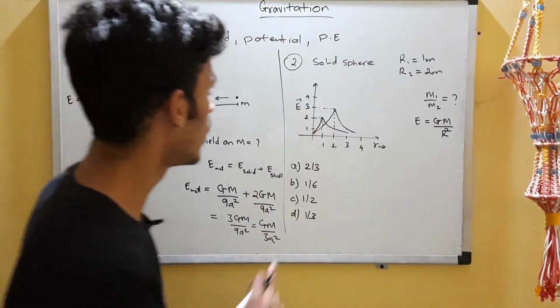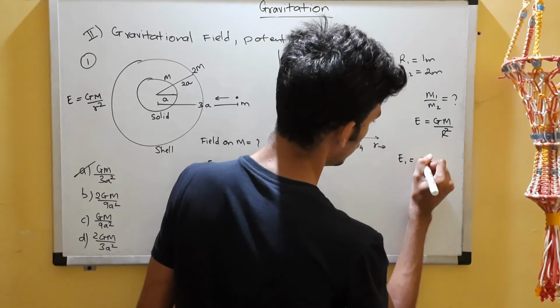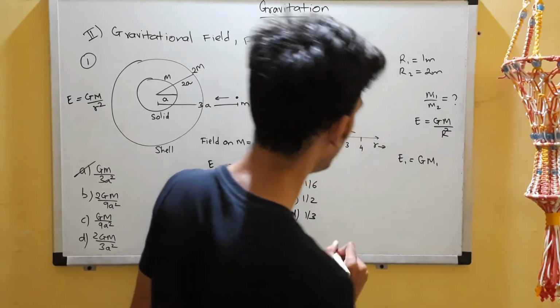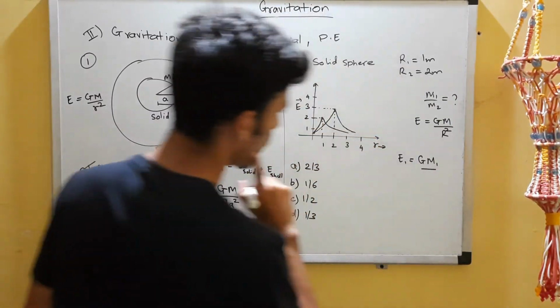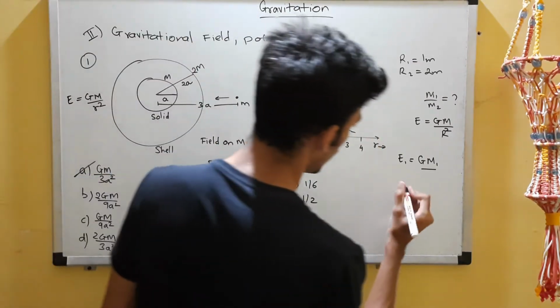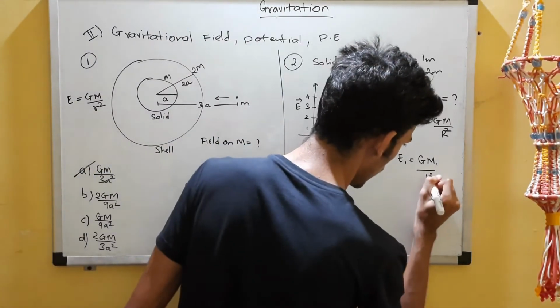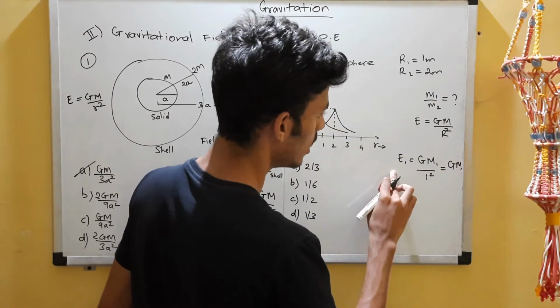So for solid sphere 1, we can write E1 will be equal to G, the universal gravitational constant, M1, mass of your first solid sphere, divided by R1 square. R1, radius of the first one, is 1, so 1 square, that is again 1, okay? So E1 is basically GM1.